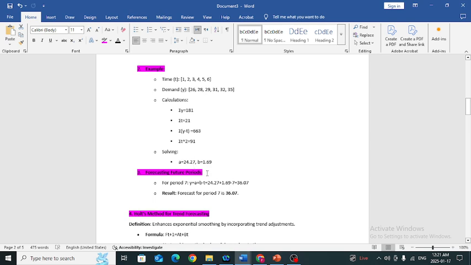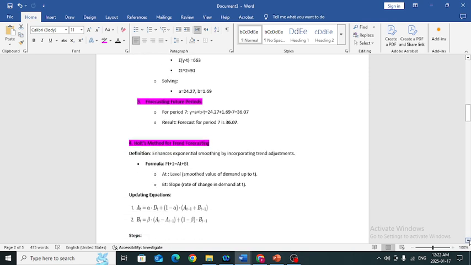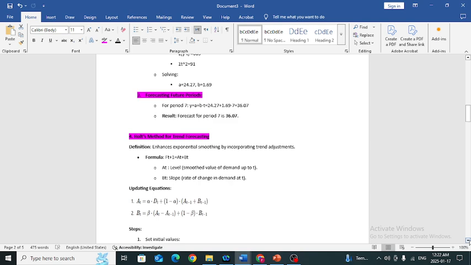So instead of t, we should put the period 7, the year 7, and we arrive at the number 36.07. The result forecast for period 7 is 36.07. So that was about the regression model.